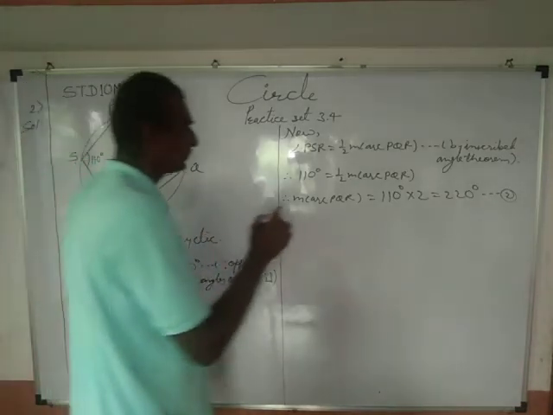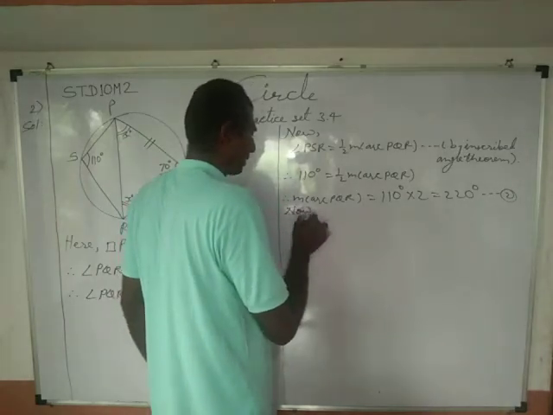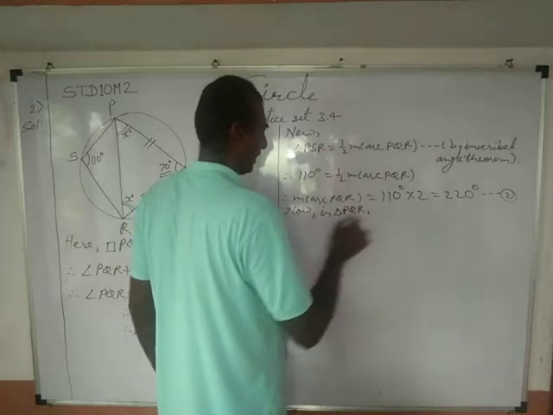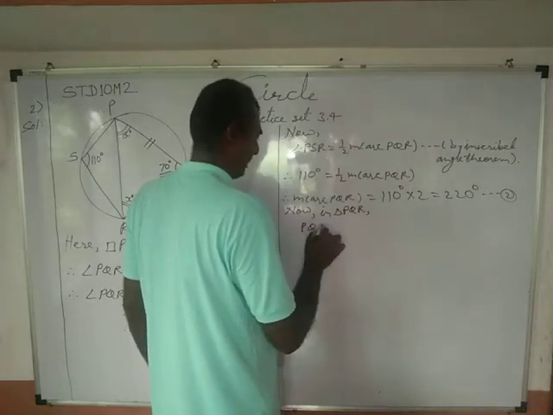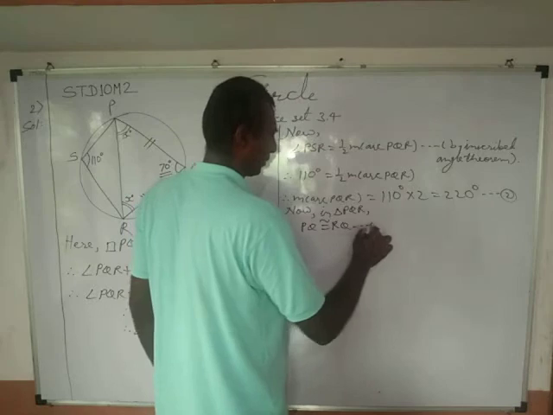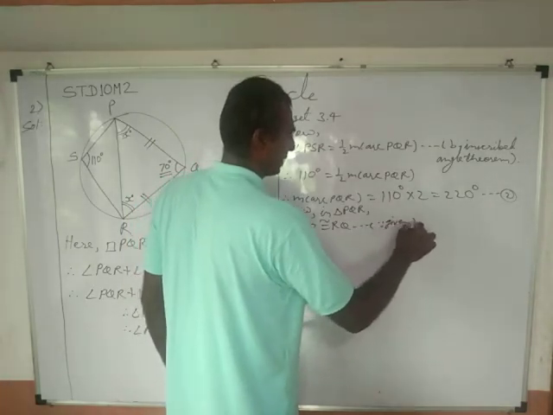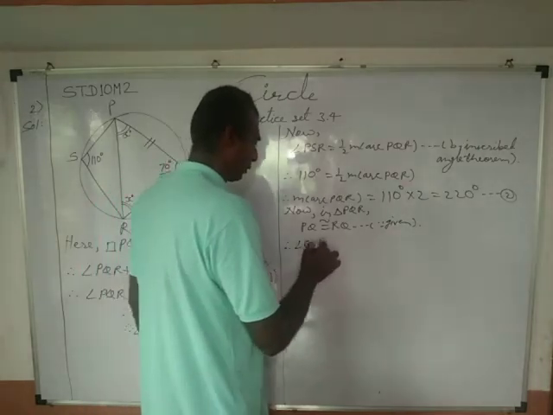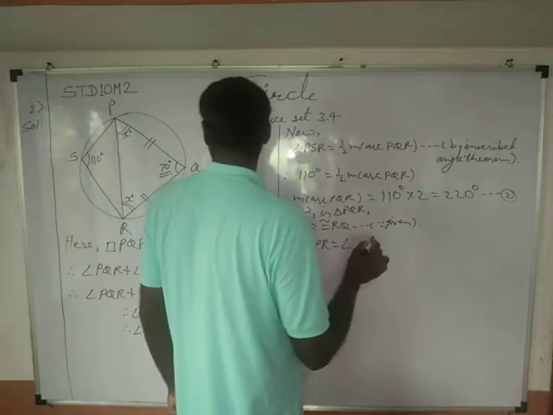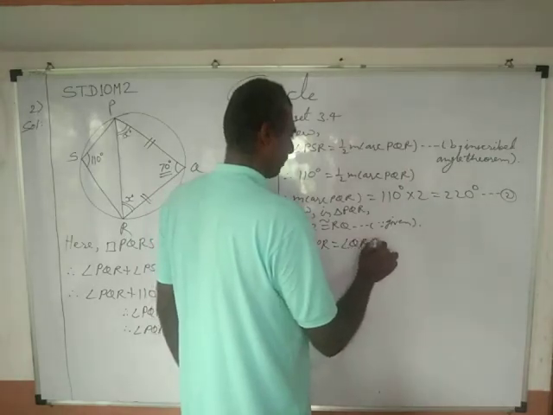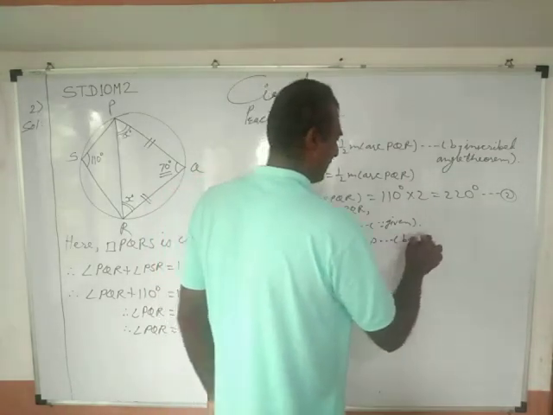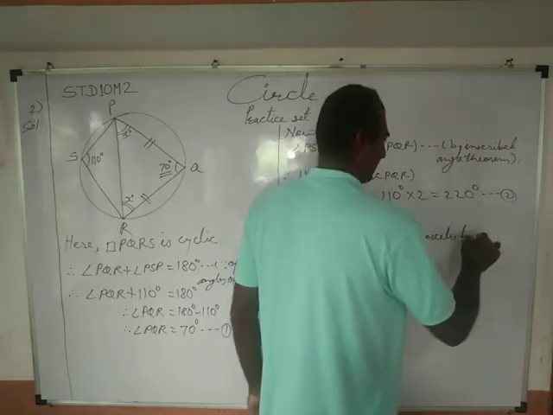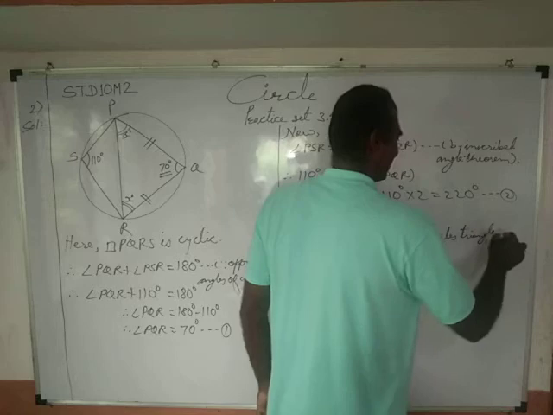Okay, now let's talk about triangle PQR. In triangle PQR, PQ congruent RQ, since it is given, and therefore angle QPR equals angle QRP by isosceles triangle theorem.